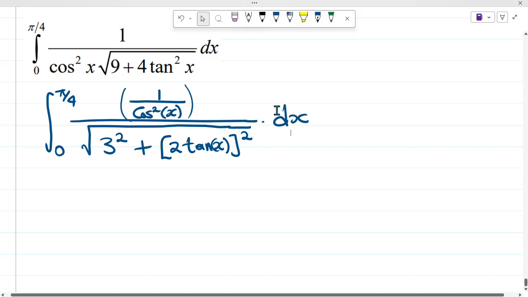So now that we have our question in this format, we need to check whether this format of having square root of a squared plus f of x squared fits into any of the formulas in our formula sheet. So we check that and find out that it fits into a sine inverse.